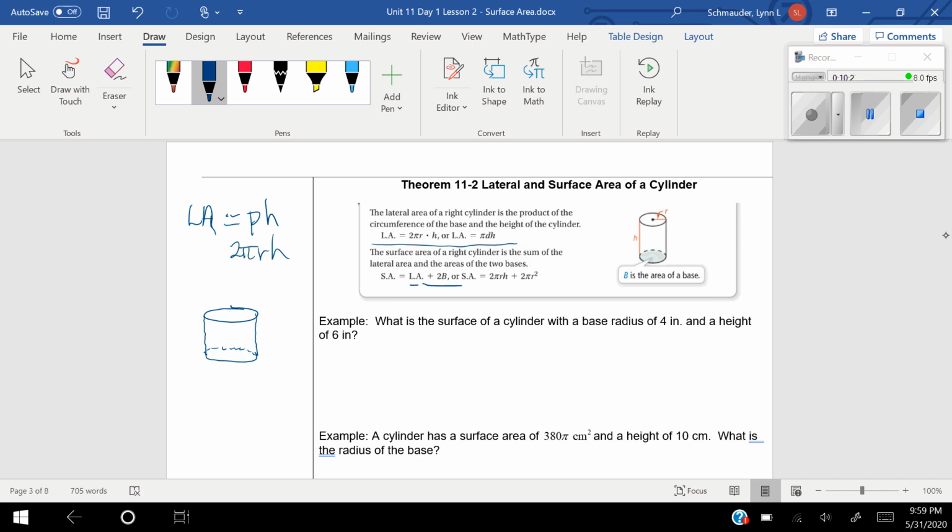It's got a base radius of 4 and a height of 6. So I know the lateral area is the perimeter times the height. The perimeter is 2 pi r, so 2 times pi times 4, and the height is 6, so that'd be 48 pi.